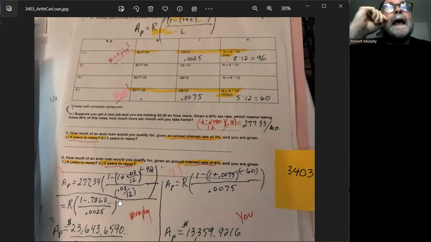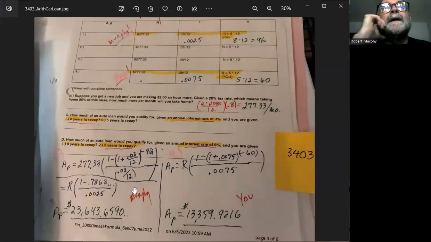If you do everything correctly, you'll have 1 minus 0.7886, divided by 0.0025. And then remember, the R is 277.33. So what this all turns out is I can borrow $23,643.